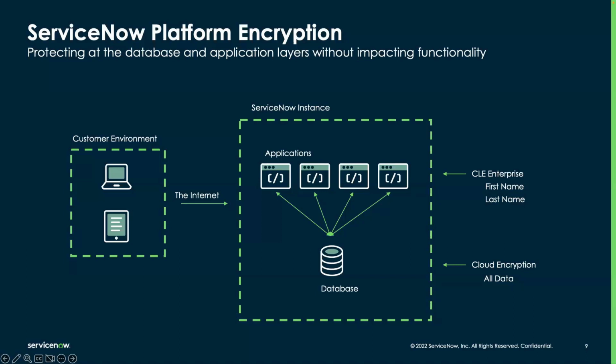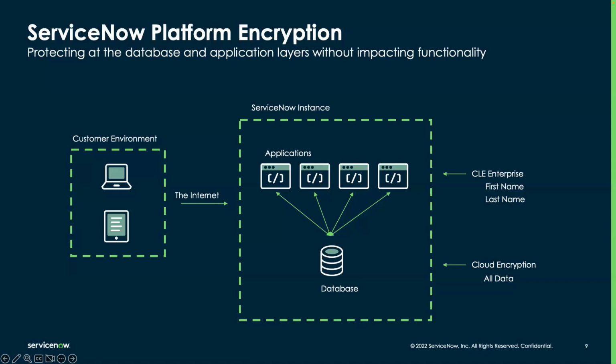And this is called a layering or defense in depth approach. By applying both the cloud encryption and Clay Enterprise together, customers get the benefit of protection for all data at rest in their database, with additional app layer protection for specific extra sensitive fields, and for where they're additionally concerned about who from their end or our end can access that data.